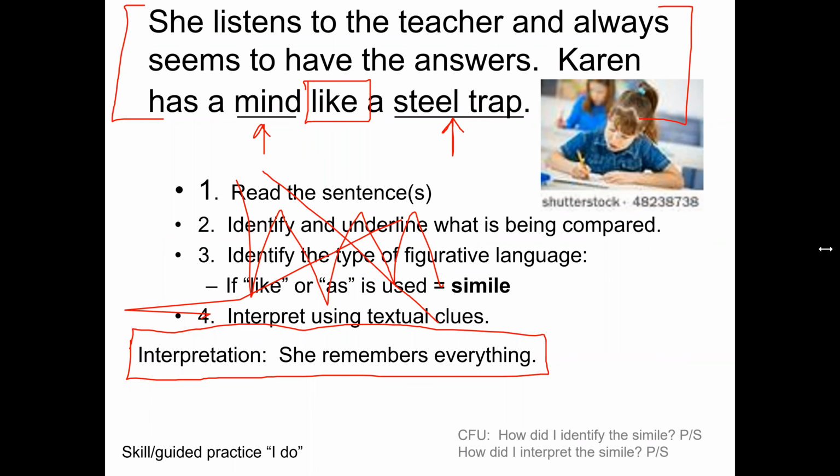Read that. She remembers everything. Yes. Are you writing this down? It seems like you're not paying attention. I pay attention. So how come you didn't know what the interpretation was? Are you writing this down, Lavar? Yes, sir. Okay.